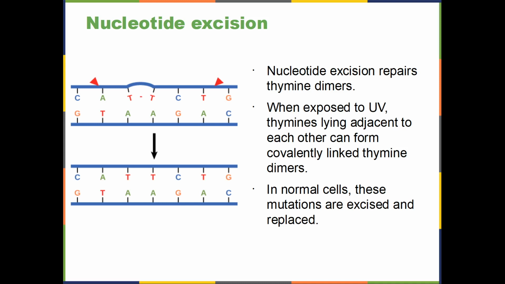So nucleotide excision repairs thymine dimers. That's where you have two thymines side by side. They kind of get stuck together, and it creates a bulge. You have an extra thymine there. So when exposed to UV, thymines lying adjacent to each other can form covalently linked thymine dimers. In normal cells, these mutations are excised and replaced.